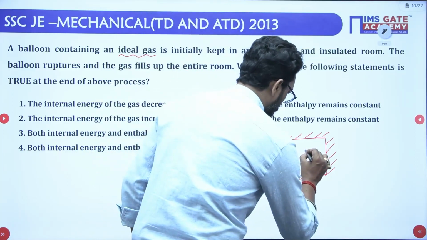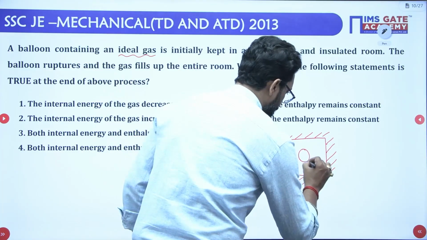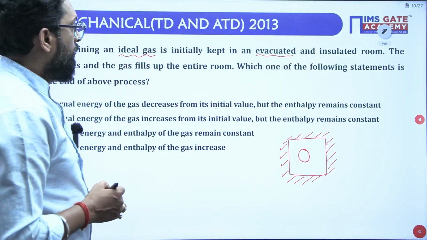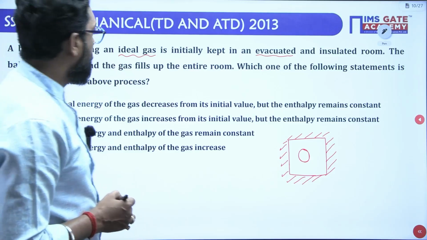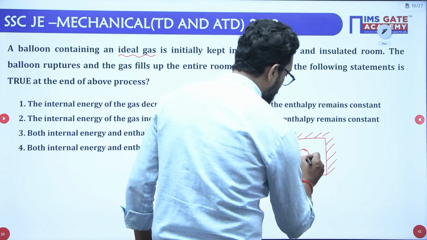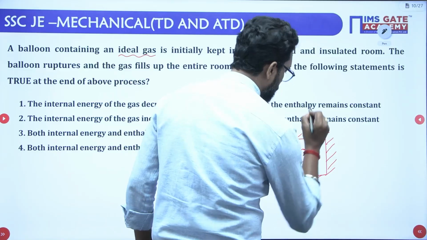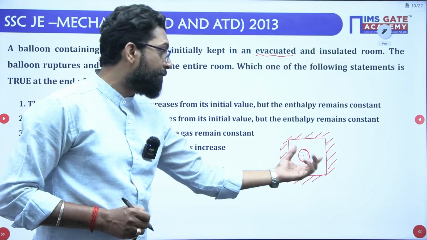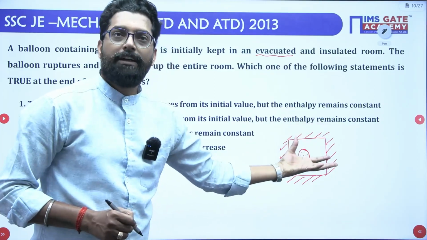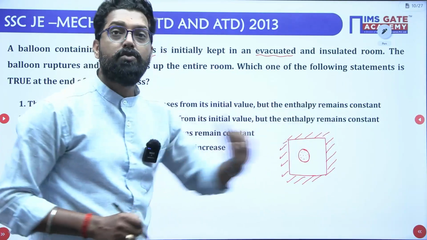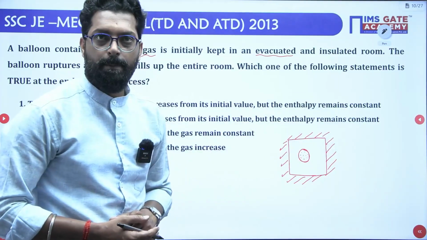There is a balloon kept, and the balloon contains ideal gas. There is a gas in the balloon, and that gas is an ideal gas kept in an evacuated container, and that container is insulated. That means there is no chance of heat transfer.